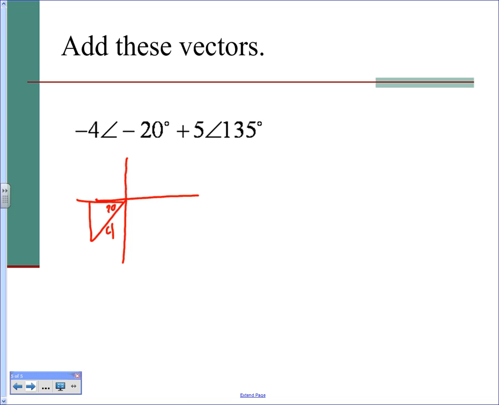Y'all agree? Okay, what does this look like? It's 4. It looks like that.